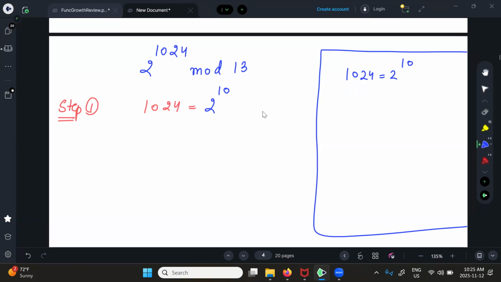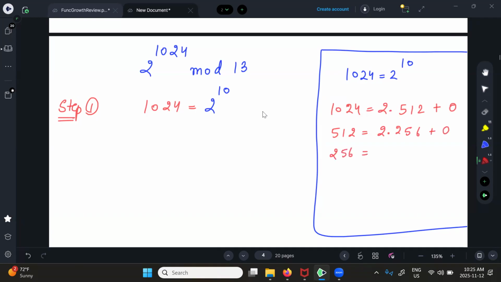Clear to everyone? When you do the binary representation, this is what you're supposed to do: keep dividing by 2. So 512 plus 0, right? And then keep dividing again and again. So this will be 256, plus 0.